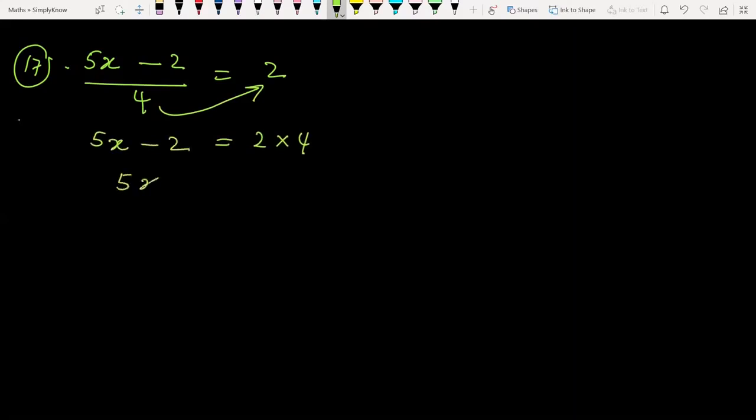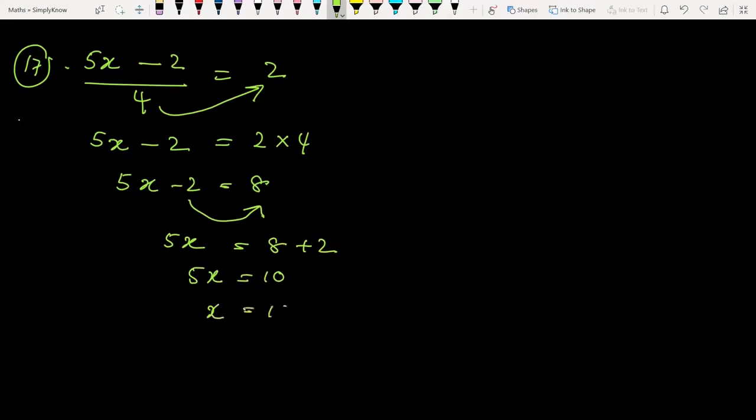So when we simplify, we get 2 times 4 is 8. Then I send this minus 2 to the other side. So it will become 5x equals 8 plus 2. 8 plus 2 is 10. 5x equals 10. Therefore, x is 10 divided by 5, which is 2. X is 2.